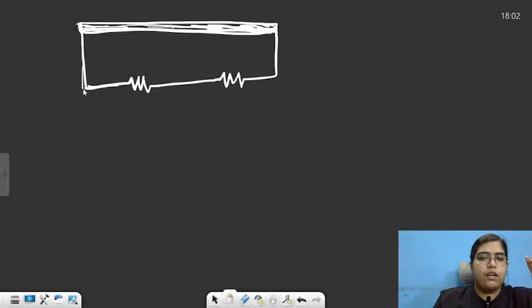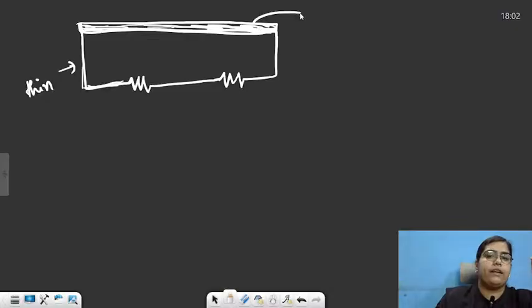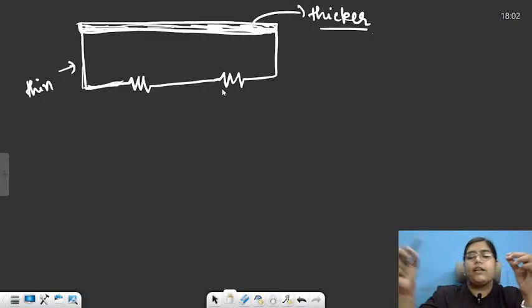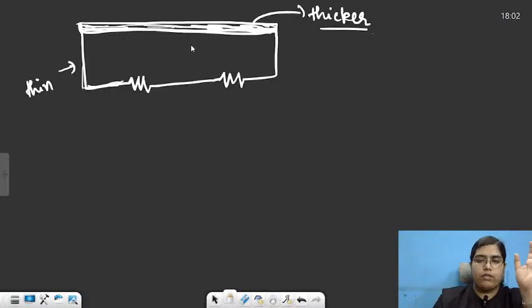And the wires which are used for making the connections with the resistors are comparatively very thin and very good conductors. So we can simply ignore the resistance of these connecting wires.